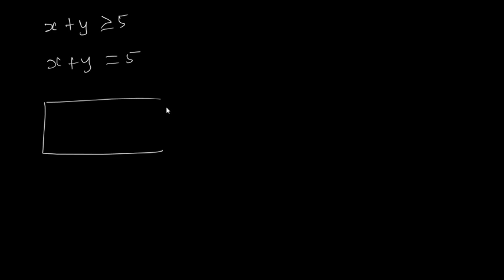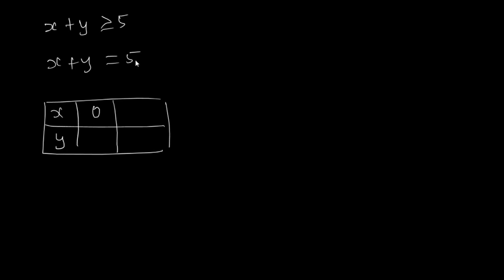Now let us see another example. Solve x plus y is greater than or equal to 5 graphically. Let us keep x plus y is equal to 5 and draw the table required for the plot. Put x is equal to 0.